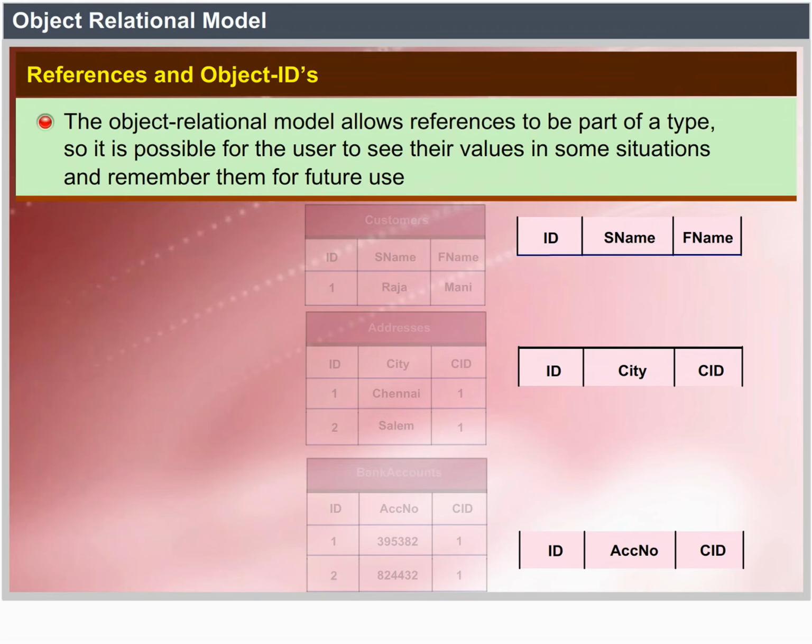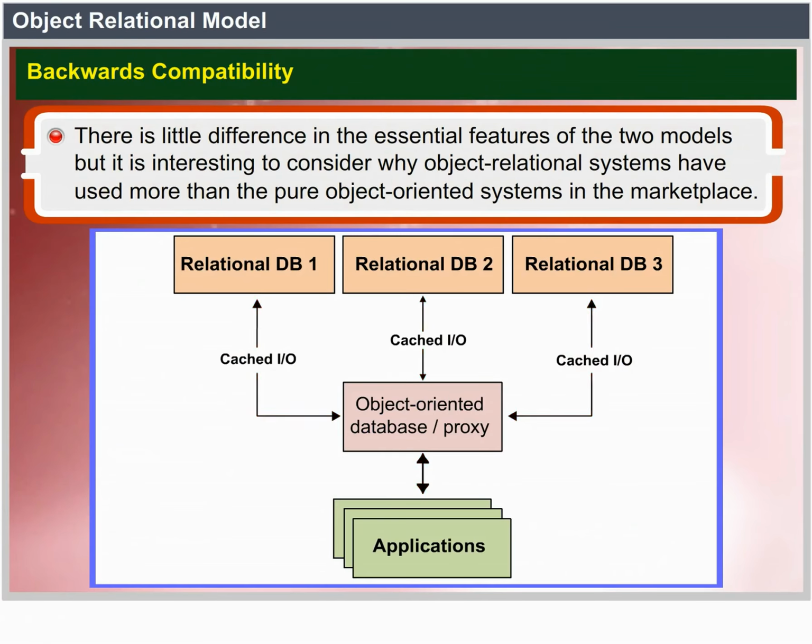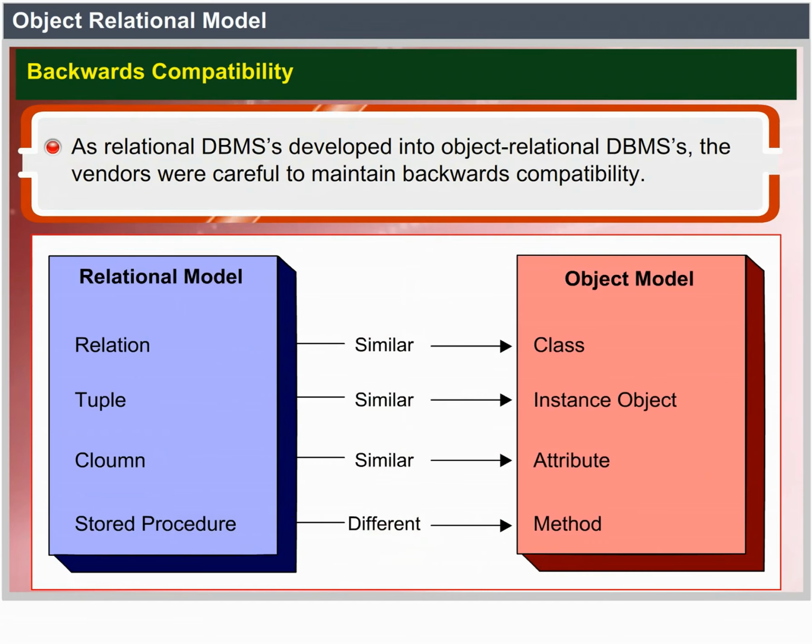Backwards compatibility. With little difference in essential features of the two models, it is interesting to consider why object relational systems have dominated the pure object-oriented systems in the marketplace. As relational database management systems evolved into object relational database management systems, the vendors were careful to maintain backwards compatibility.